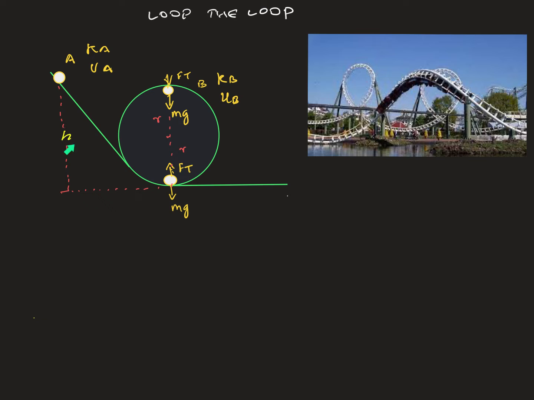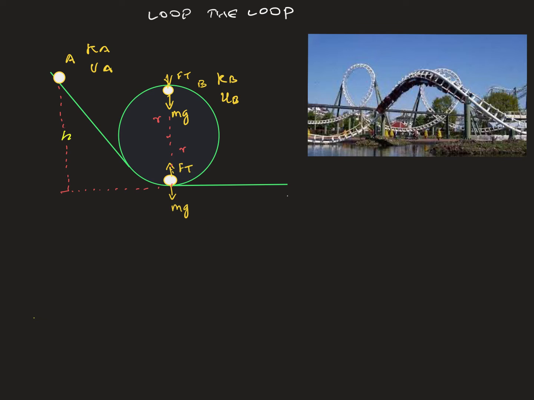We want to find out the minimum height that we need to roll that object down from so that it will go through the circular motion and it will not fall from here. So it will be able to complete the cycle and come here.